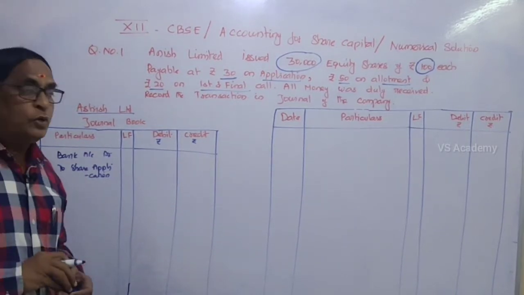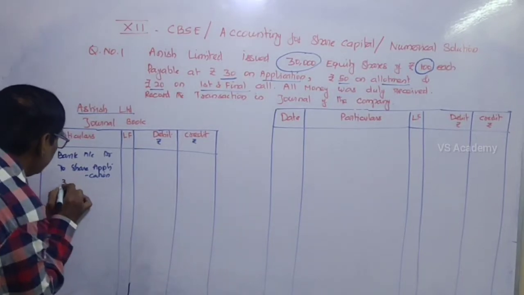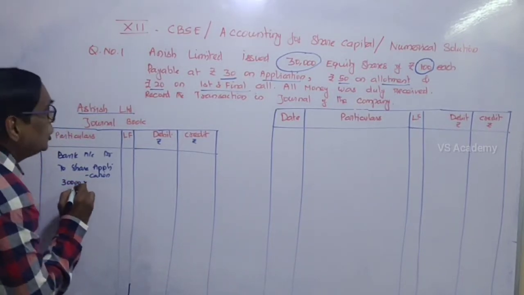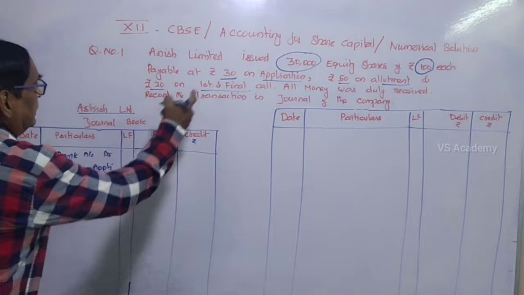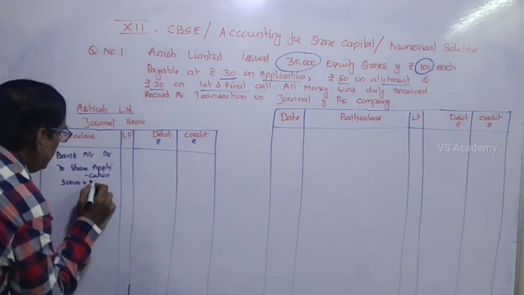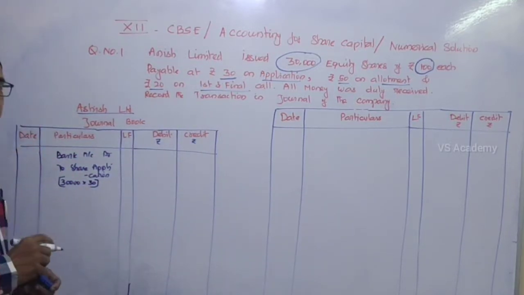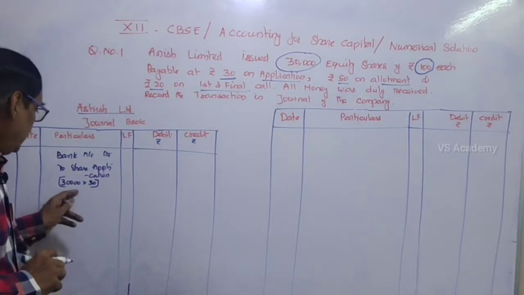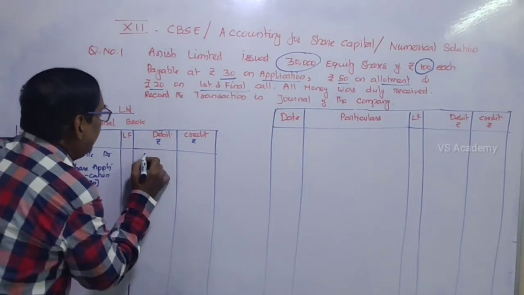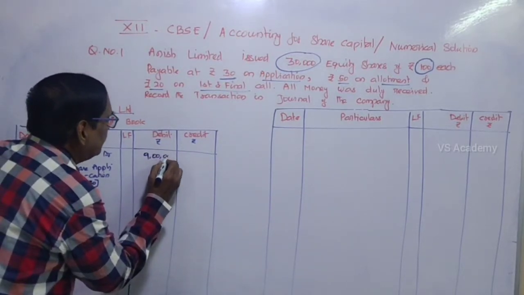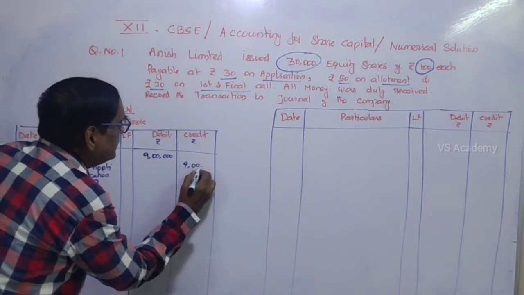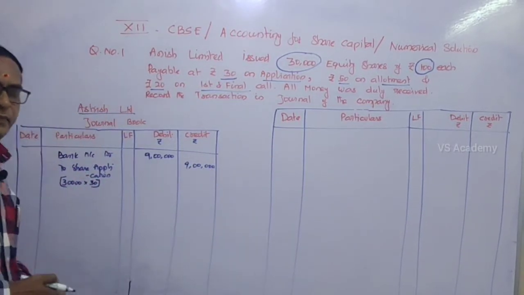How much? 30,000 shares into rupees 30 per share application, that means 9 lakh rupees we received. So this is the first entry we have to pass.